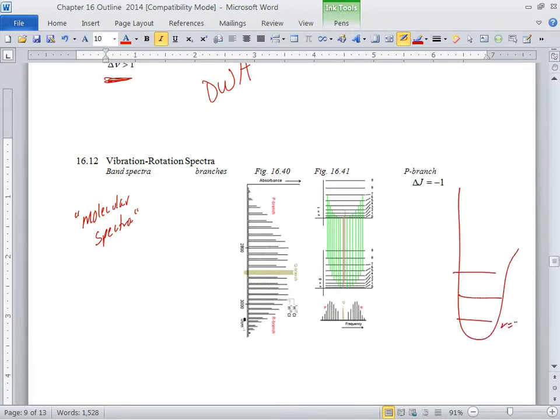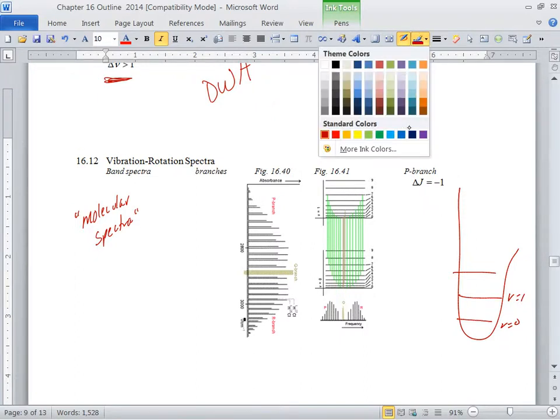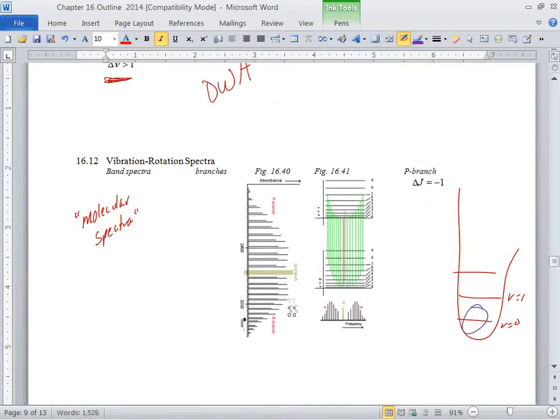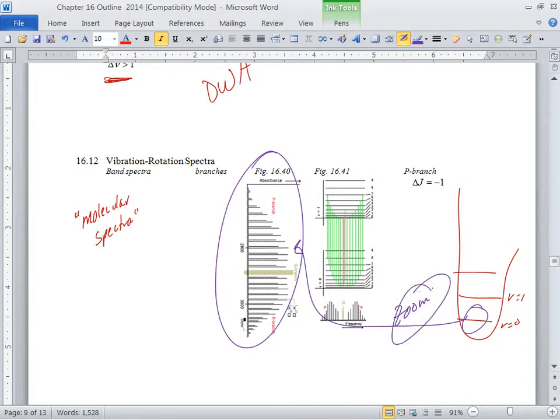right, v equal all these different vibrational energy levels. Well, each vibrational energy level has one of these. You just have to zoom. Really zoom. And then you're going to see a little angel wing thing going on here, because this is the rotational energy levels.